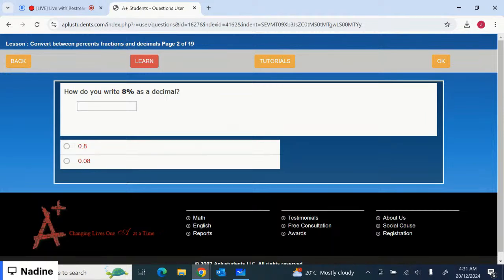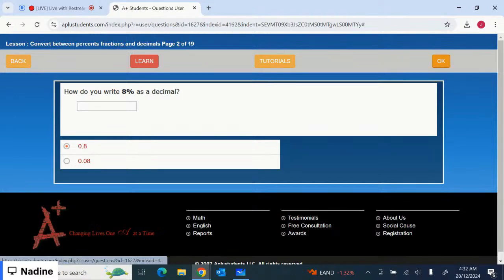What is 8% as a decimal? 8% as a decimal is 0.8.